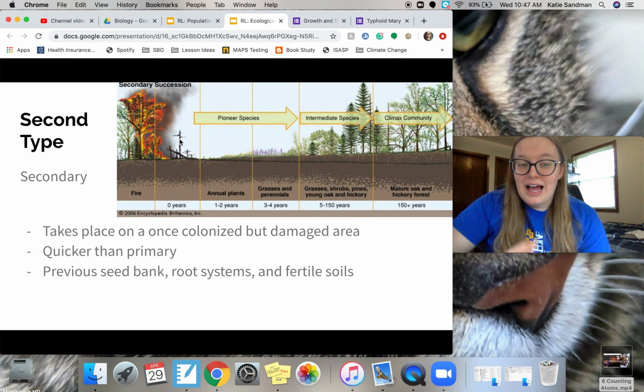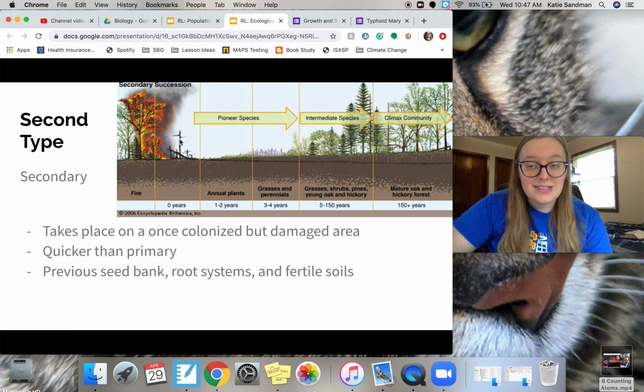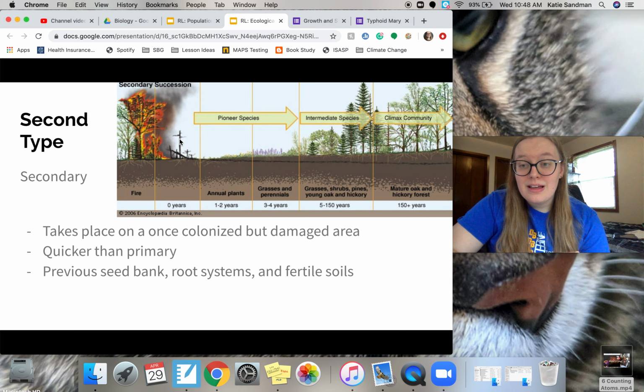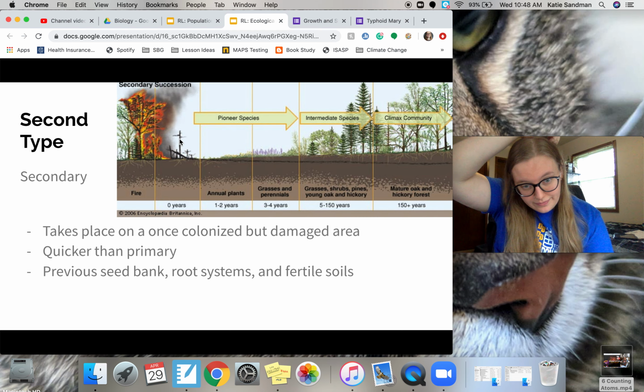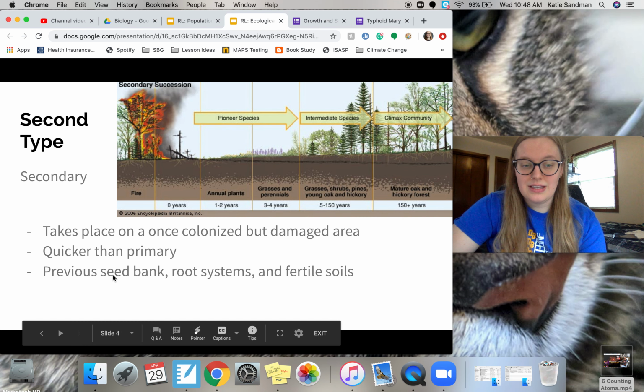This will be a lot quicker than primary succession because it's already in a land that was once inhabited by something. Since it already has the pioneer species there, and maybe the ground is already broken up, the soil's good, it'll be really quick. Also because of this, they have their previous seed banks, root systems, and their fertile soils.